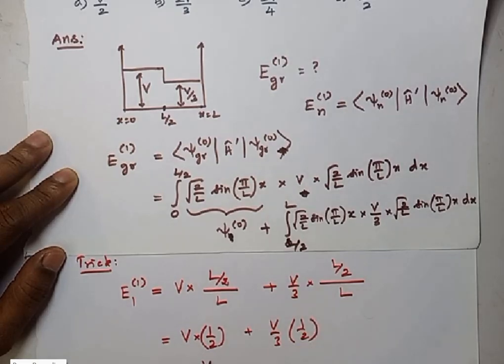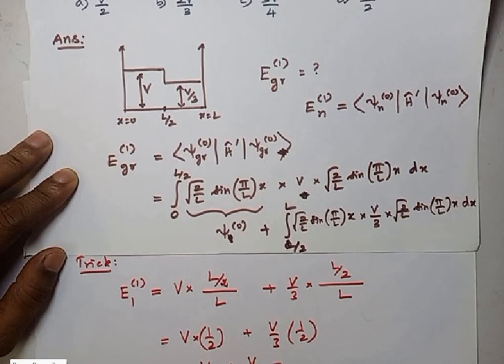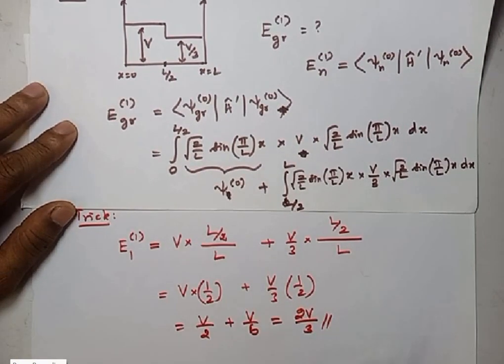So we will end up with V by 2 plus V by 6. If you take LCM and simplify it, you will get 2V by 3 as the option.